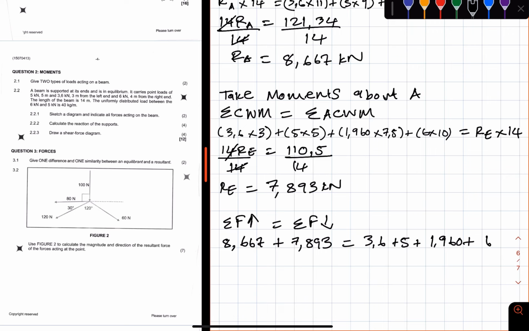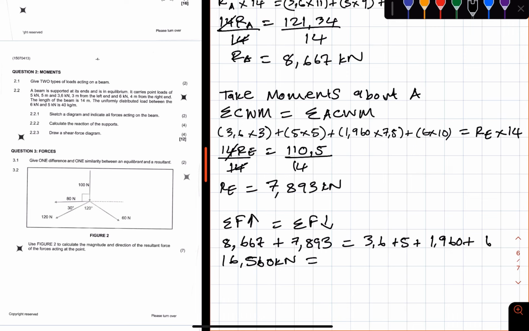So this should give us, the forces on the left must be equal to the forces on the right. So if you punch this in your calculators, let's see what we get. 8.667 plus 7.893. So this side we get 16.56 kilonewtons.